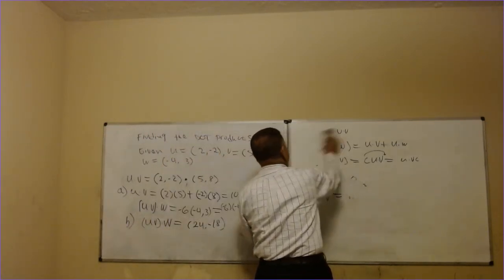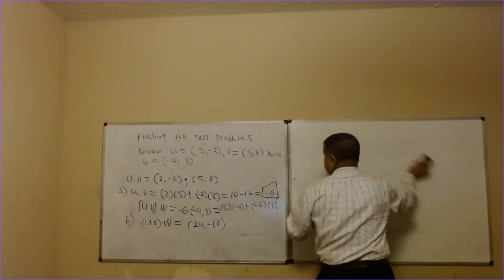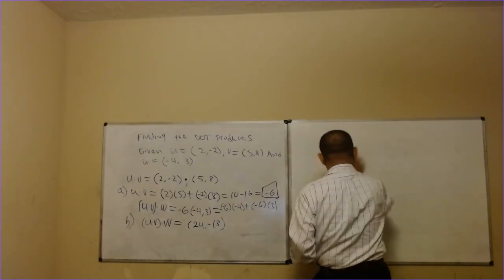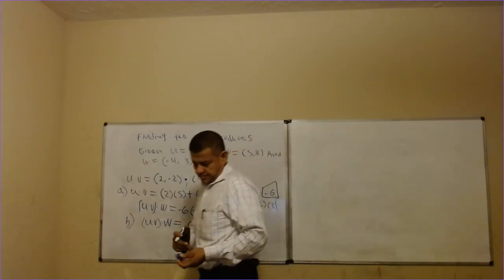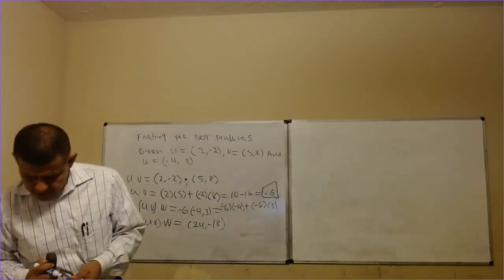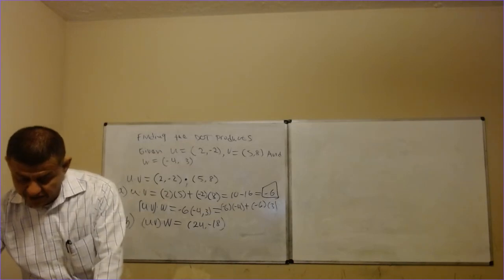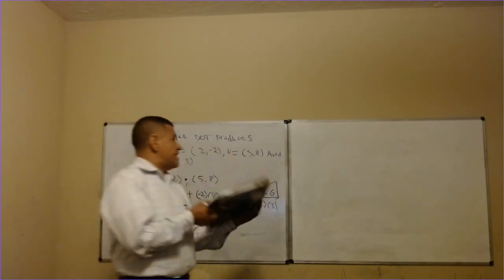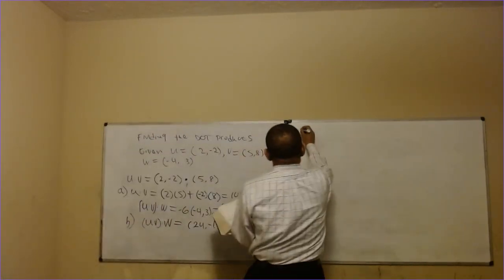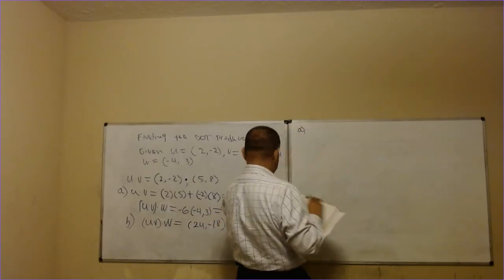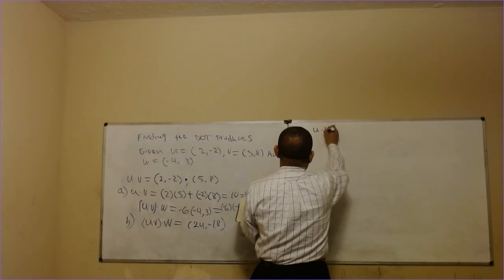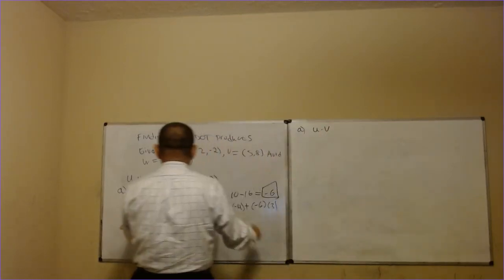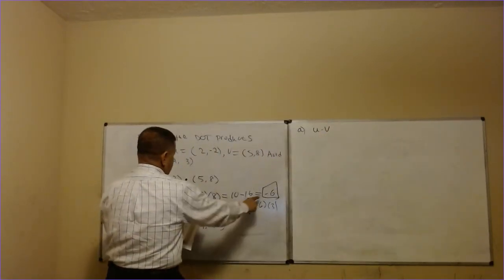They have a couple different parts, so they have the following. They say part A, do u dot v, which we already did here. u dot v gives us that one.